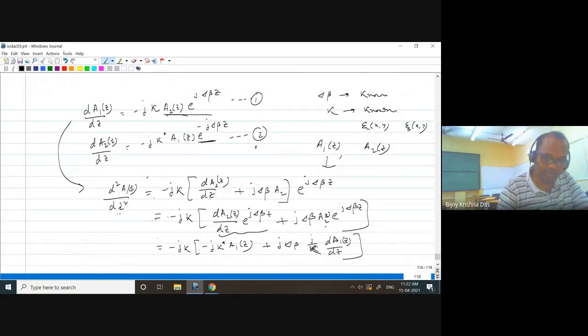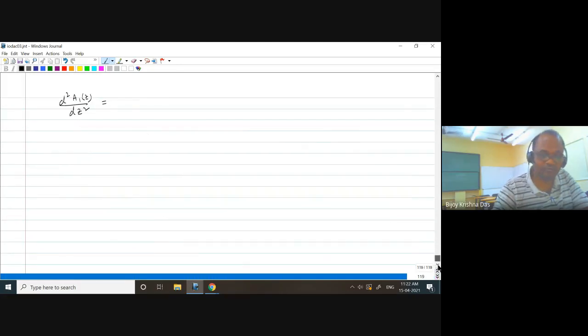So if I take minus minus plus jj plus, that means jj minus again, so minus kappa square A1(z). So on the right hand side we can put minus kappa square A1(z). So that is what we get here.